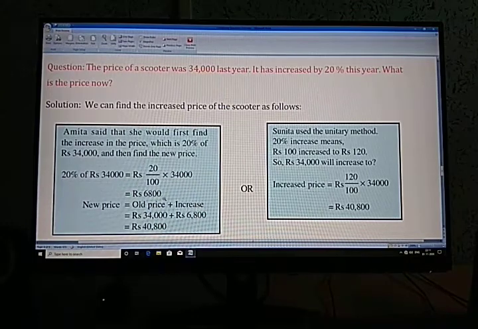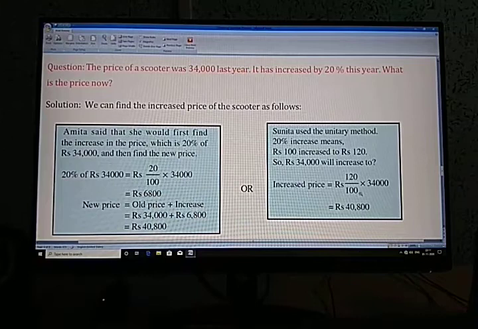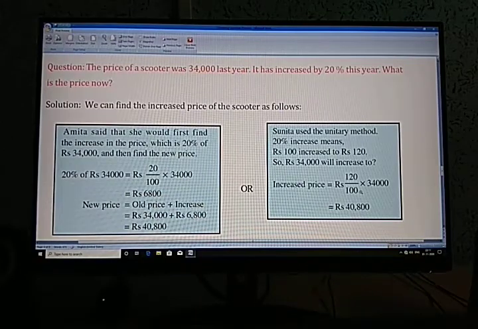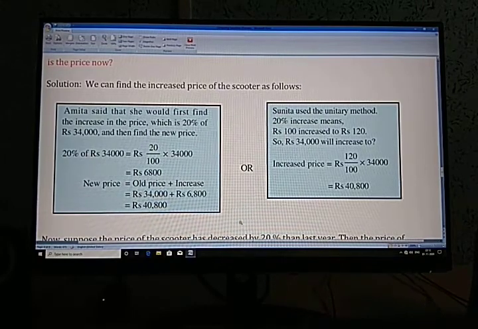I would prefer you to go through the general method because on average everyone understands this method. Obviously the unitary method is also very easy to understand, but for everyone's sake I would prefer the general method.